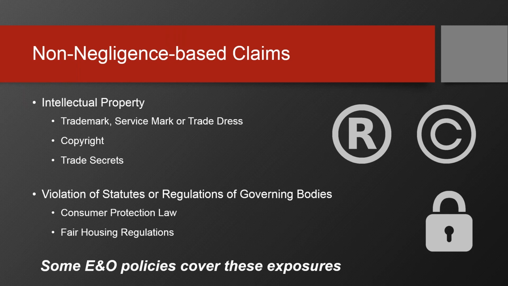An example you may be familiar with is Adidas and Forever 21, where Adidas used the 3 stripes as their logo, and Forever 21 for years used 3 stripes on their clothing, and Adidas was upset about that and sued Forever 21 for intellectual property. So that's an intellectual property claim.